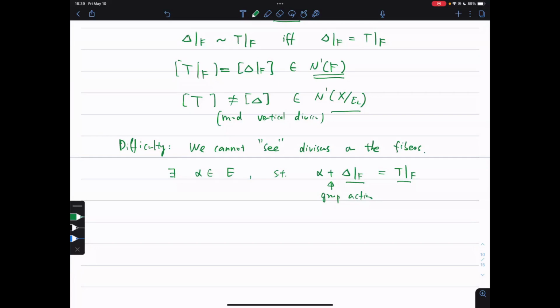So let me formulate another way. Because this group action comes from an automorphism group of E, and this means we have a group action on this divisor. We get something linearly equivalent to the other divisors. So we have two divisors which are numerically equivalent in the generic fiber. They may not be linearly equivalent, but under an action, they are linearly equivalent.